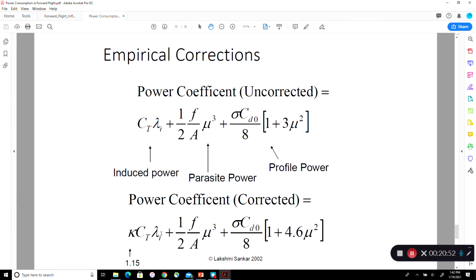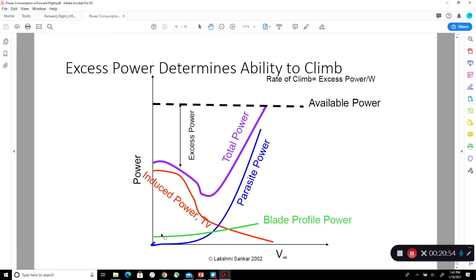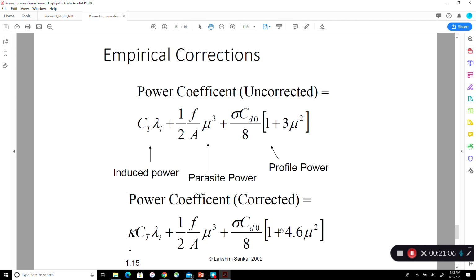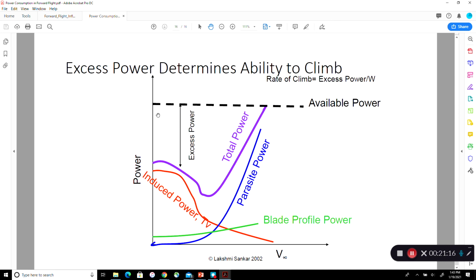So plotting these three curves: induced power, parasite power varies as velocity cubed, blade profile power varies as 1 plus 4.6 mu squared. So this component is the profile power, parasite power, induced power. Then this is the available power. So you have excess power.